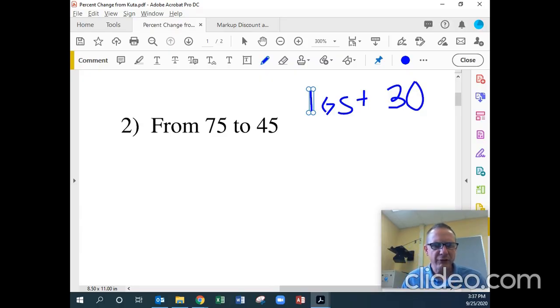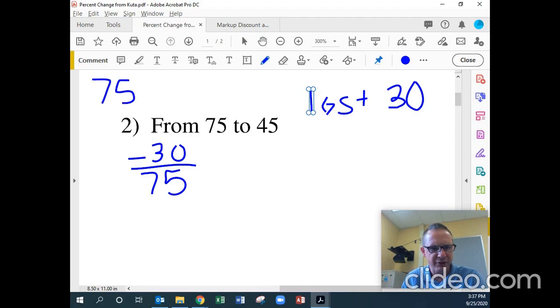All right, so if I've lost 30, that means that I have gone down 30 out of the original 75. So again, I had to start by doing 75 minus 45 to figure out what I lost, and I lost 30.